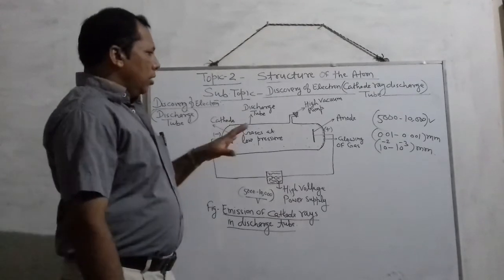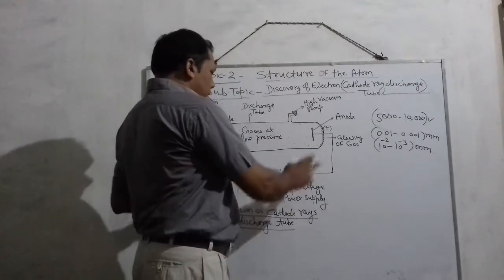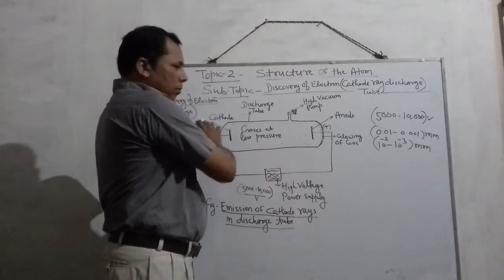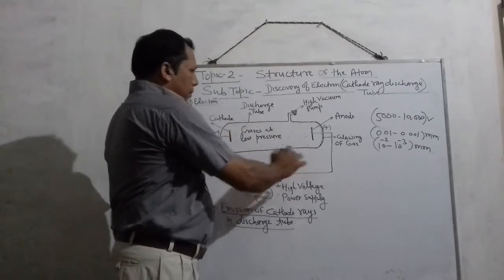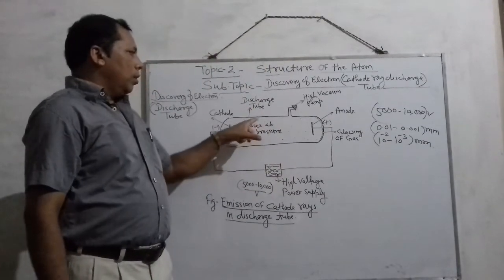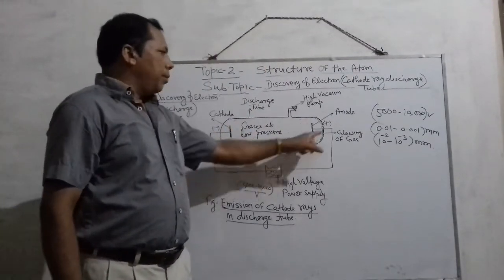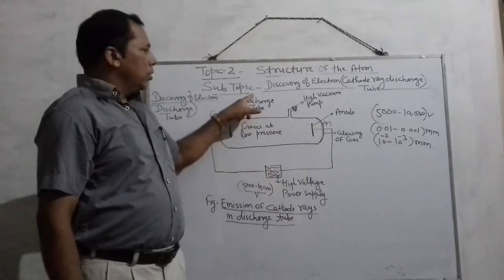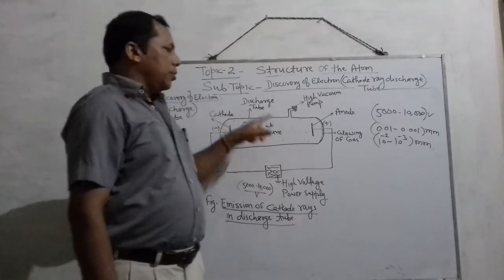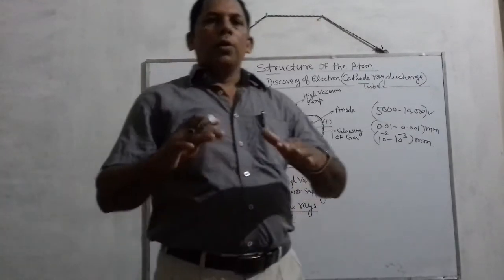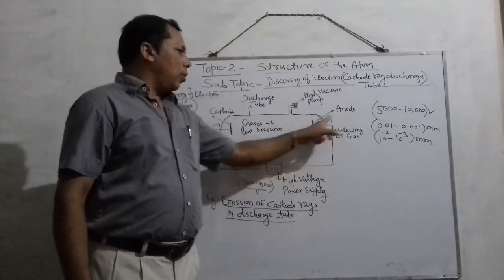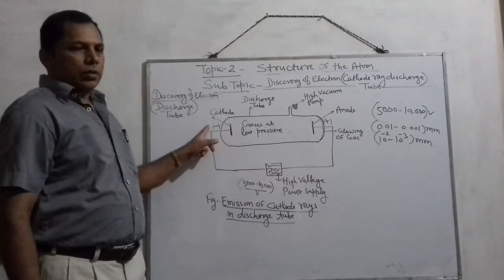So children, the figure of discharge tube is designated here. This discharge tube is made up of a perfectly leak-proof glass tube, called discharge tube. This discharge tube is connected with metallic electrodes, and one metallic electrode is termed as anode and the other as cathode.